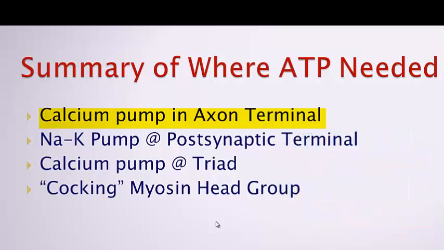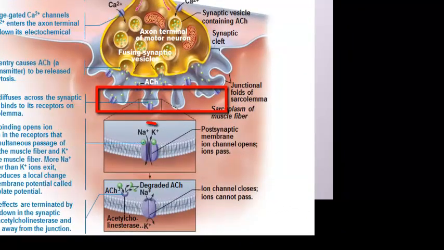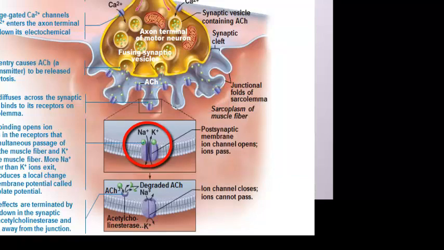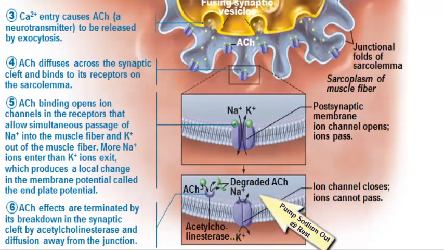That takes ATP. If you remember, on the postsynaptic end of the synaptic cleft there in the neuromuscular junction, we have those sodium-potassium gates. Remember, sodium comes in, potassium goes out. Well, we can close those gates. There's still going to be more sodium on the outside than there is on the inside temporarily.